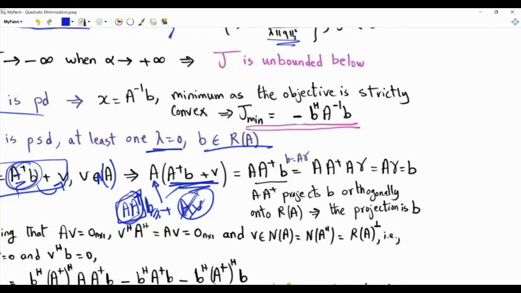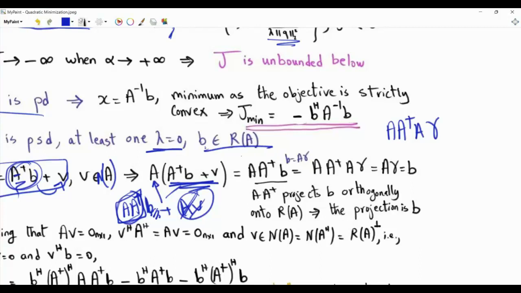One way of seeing this is: what does it mean that B is in the range of A? It means that B can be written as a linear combination of the columns of A. So there exists some vector gamma such that B is A gamma.